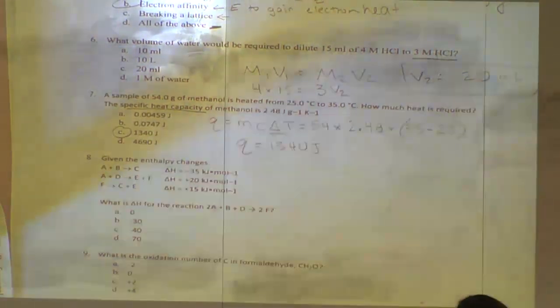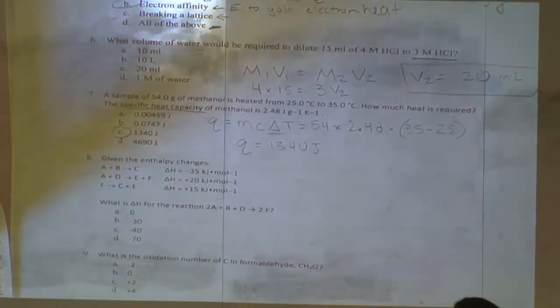So do we need to put in heat or does it release heat? First of all, there are 2 ways to think about it. Is our Q positive or negative? Is that exo or endo? Positive is endo. Does endo mean we put in heat or it releases heat? Put in. So we put in heat.